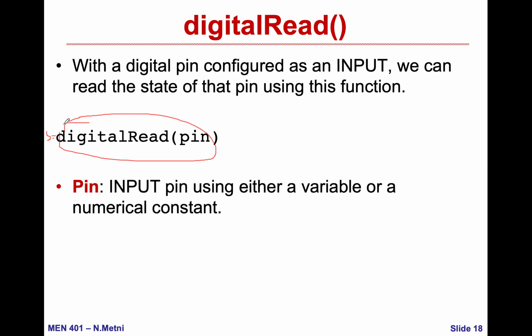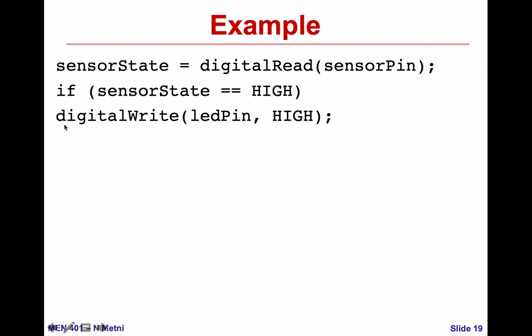Let's see how this function can be used inside an example. Look at this: sensor state is equal to digital read sensor pin. Consider that I have a proximity sensor connected to pin 2 of the Arduino, of the microcontroller.